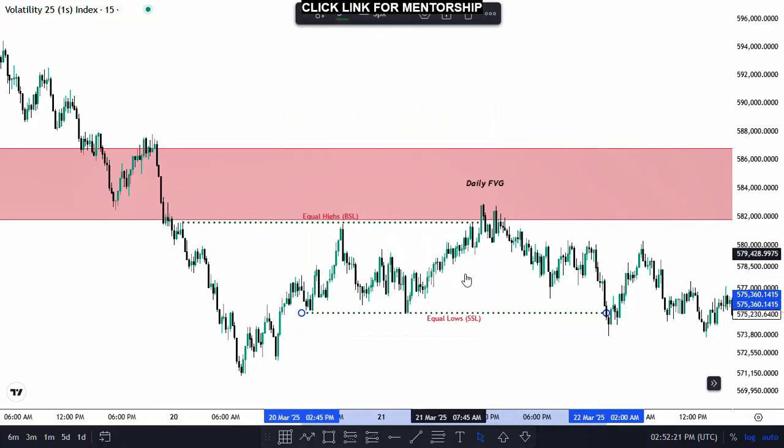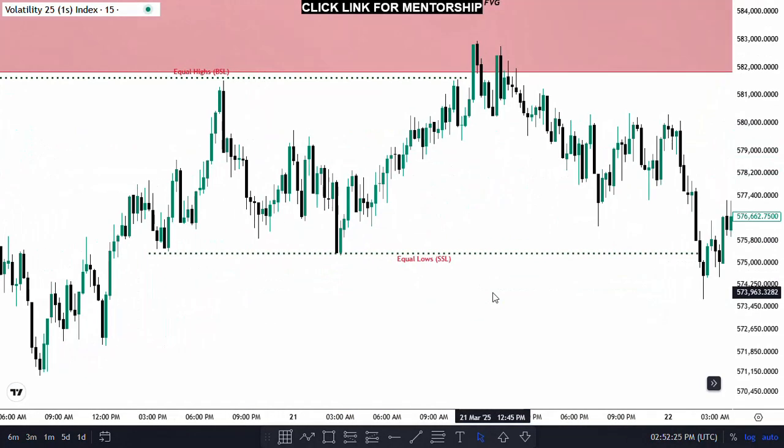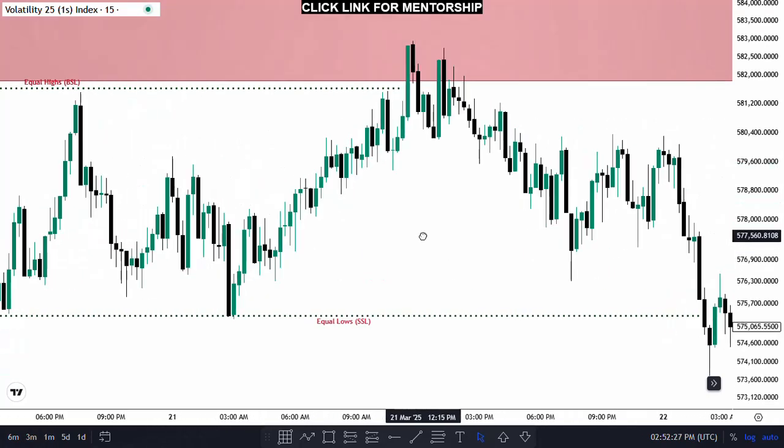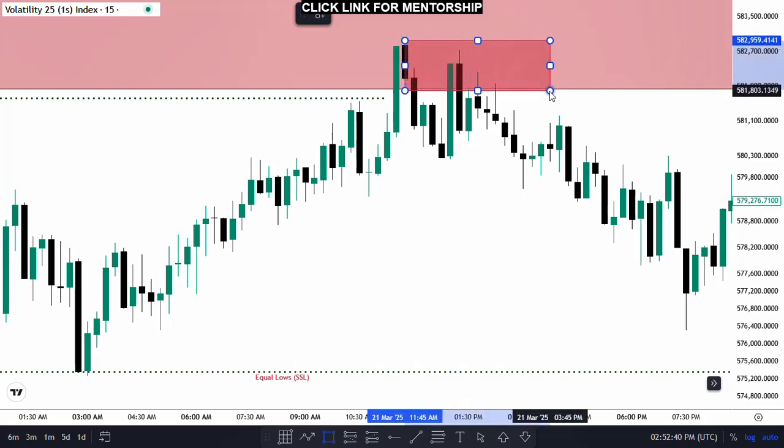Again, there was a single candle order block above here, right in that daily fair value gap. So that was this one. And there was a fair value gap just down there. So if you're looking for a sell setup, you can start looking for it in that small fair value gap there.